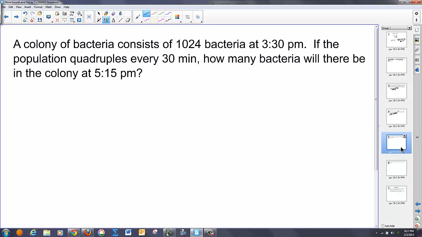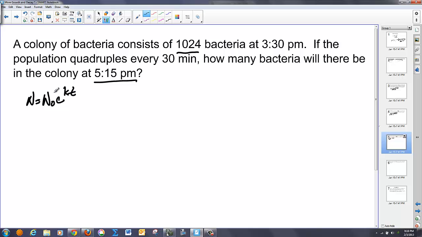Moving forward, this problem's a little bit more difficult because we know we have an amount to start with at 330. We know it quadruples every 30 minutes, and we want to know how many there's going to be at 515. The equation we're going to use, since this is not a compound interest problem, is N equals N sub o e to the kt.